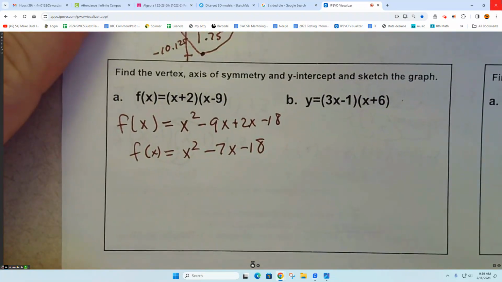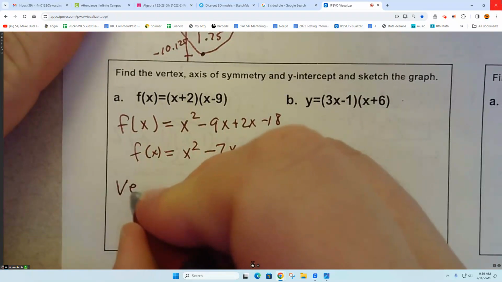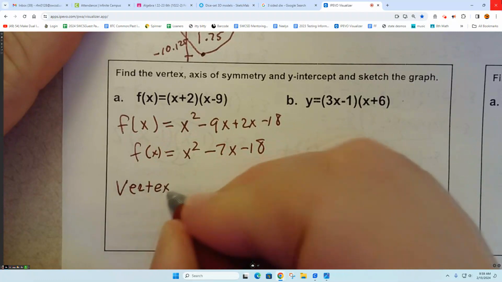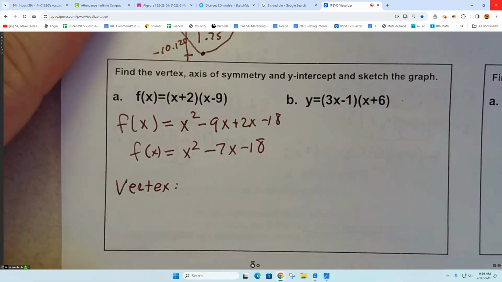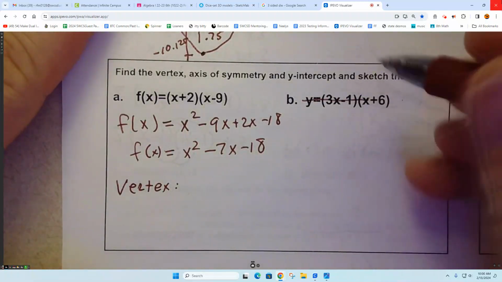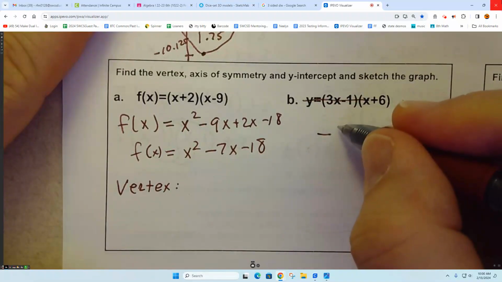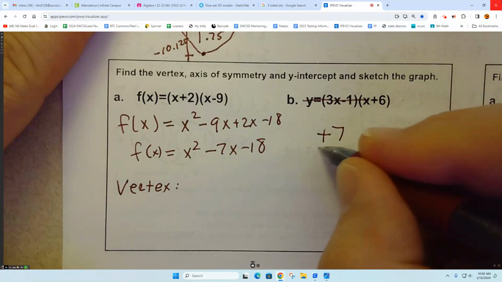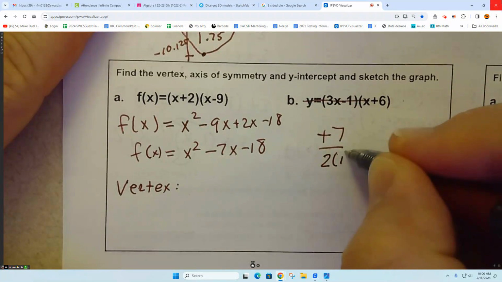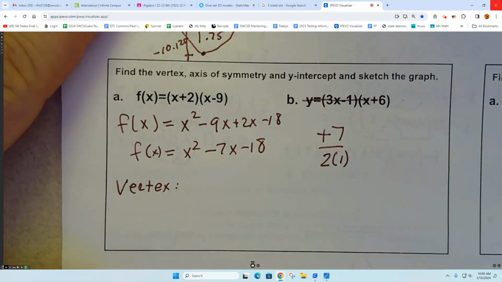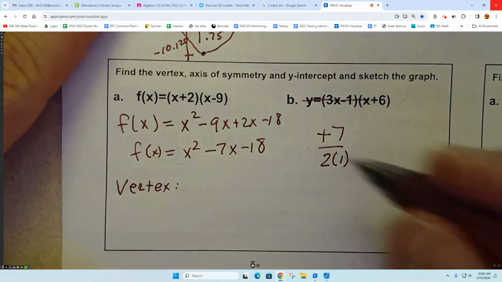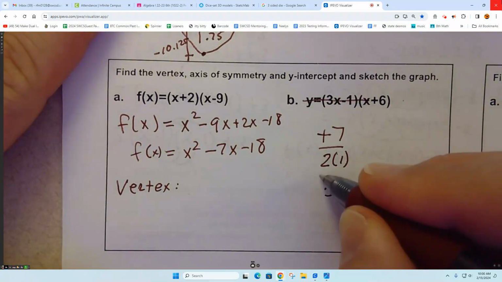Again, it's all about the vertex. If you know the vertex, the rest of this kind of comes together for you. I'm going to skip this, so I'm going to use the space over here. Negative b over 2a. I feel like the thing I'm going to forget is to make it 3.5, either negative or positive. 7.